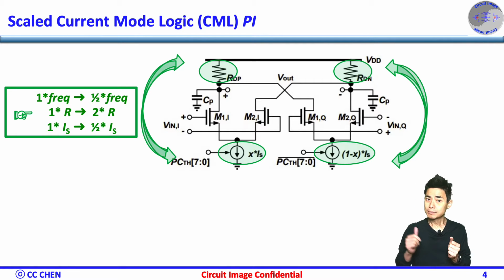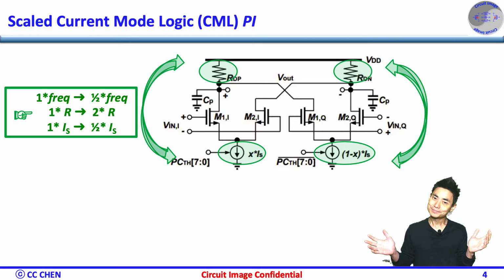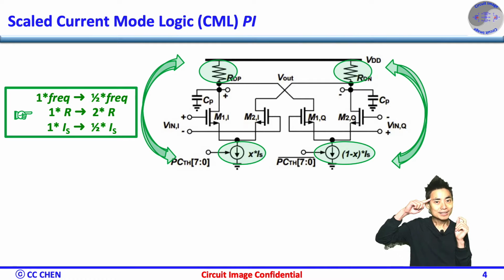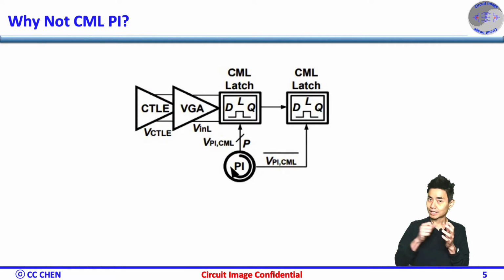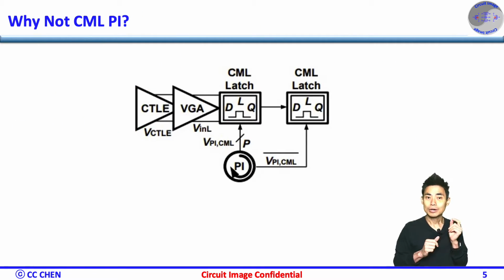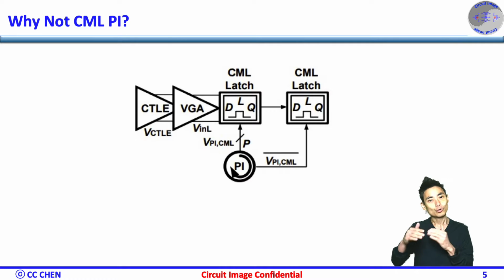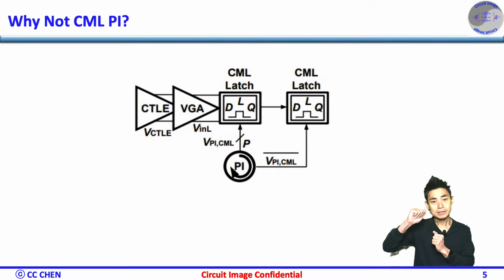Therefore, the CML PI of both high linearity and low power seems the best topology for wide data rate SerDes. Could you tell me why you would need another topology? Think about the output swing level, imagine for 5 seconds. Correct. The output swing of the CML PI is not rail to rail, which benefits the low dynamic switching current and faster switching.